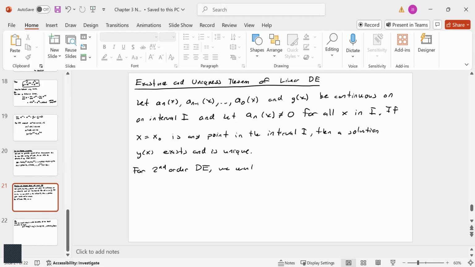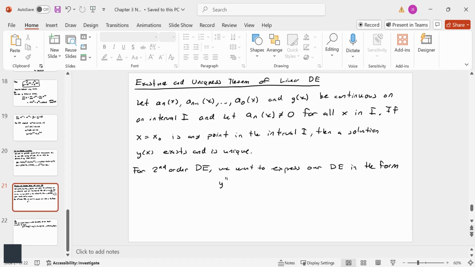We want to express our differential equation in the form y double prime plus, so essentially I'm dividing out a_2 in this case.